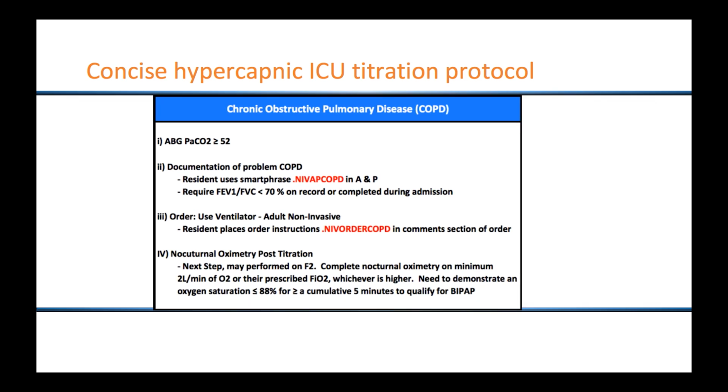Next, we'll discuss COPD. In order to get BiPAP for discharge, the patient does have to have an ABG revealing hypercapnia with a PaCO2 of at least 52 millimeters of mercury. In addition, the patient does have to have documentation using the smart phrase .NIV AP COPD, and it must be noted that the patient is obstructed using Gold's classical FEV1 to FVC ratio of less than 70%, either in the patient's record or bedside spirometry needs to be completed prior to discharge.